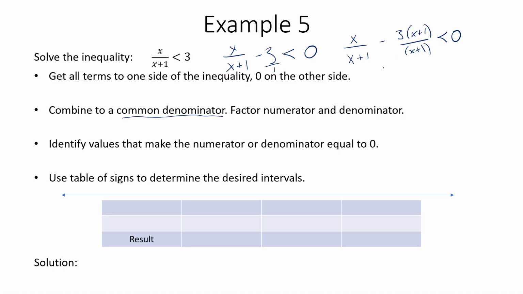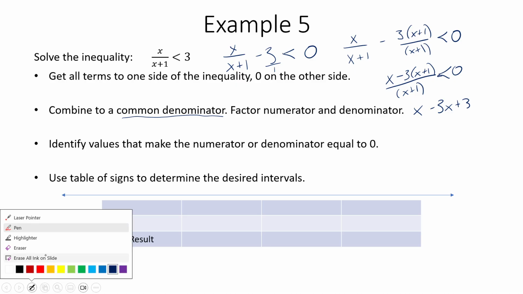Okay. Now we need to combine it to a single denominator. So it would look like x minus 3 times x plus 1 all over x plus 1 is less than 0. Okay. And then let's simplify a bit. If we distributed, we'd have x minus 3x plus 3. Sorry, minus 3.